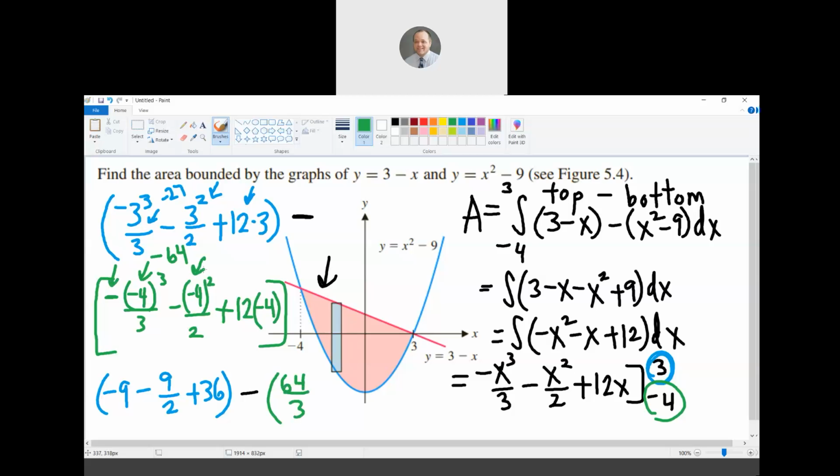Here in the middle, -4 squared is 16. And -16 divided by 2 is -8. And then the last part before we put everything together, 12 times -4 is -48.